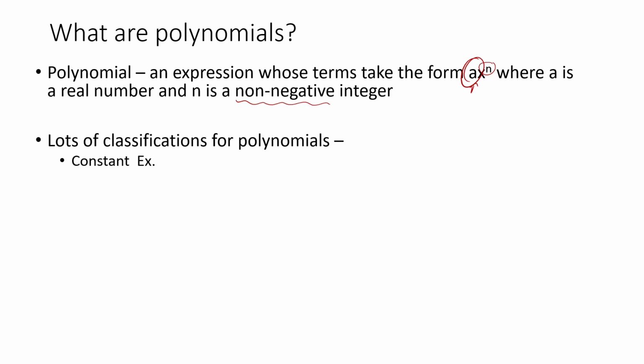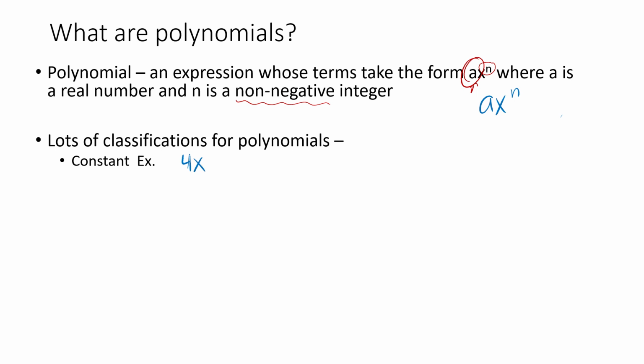But for example, the number 4, that is a polynomial. It's a constant polynomial. And you're probably thinking, that doesn't work because you just said that it had to take the form ax to the n, and there is no x there. Here's what's there.